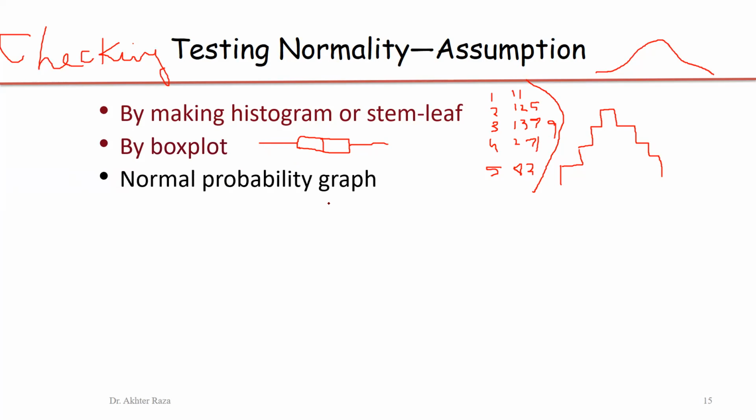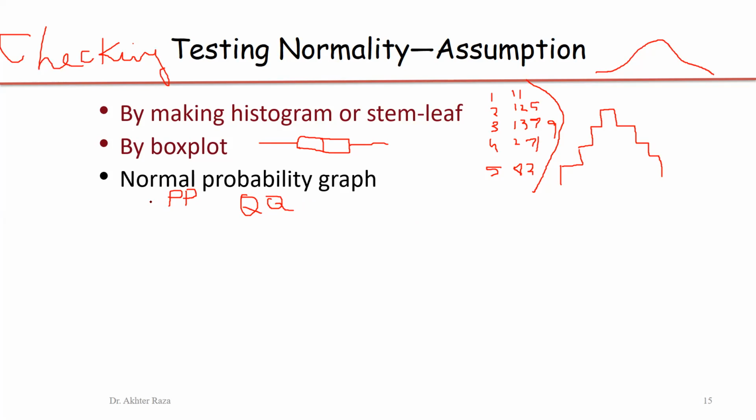Normal probability graph is a new thing because it is the first time we are going to consider how to check the normality by the normal probability graph. In SPSS we call it a PP plot or a QQ plot. It is for assessing the normality.